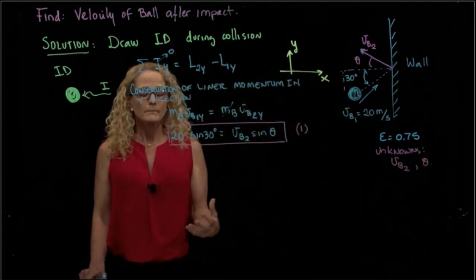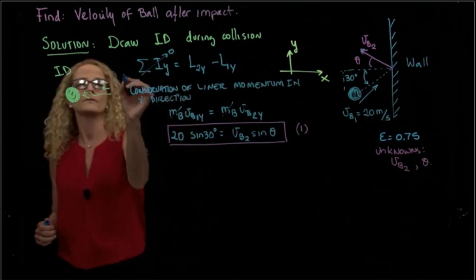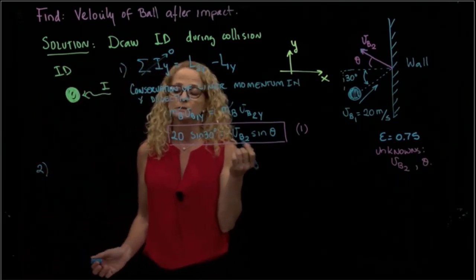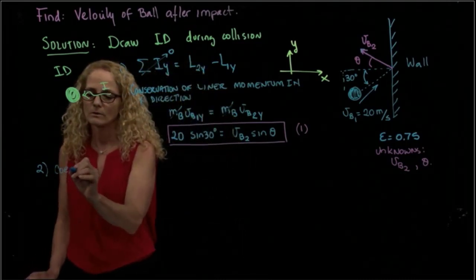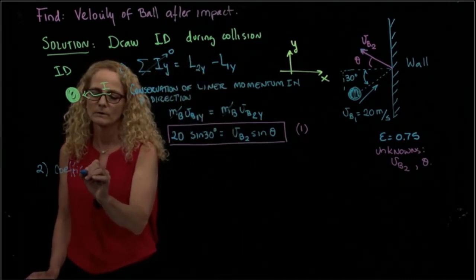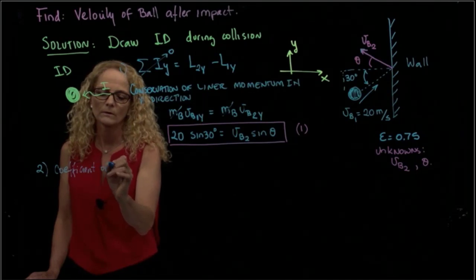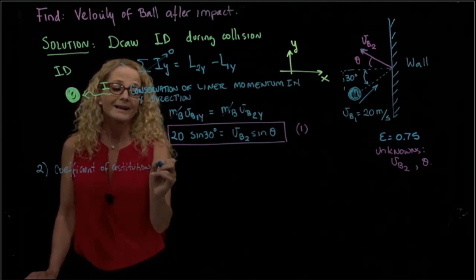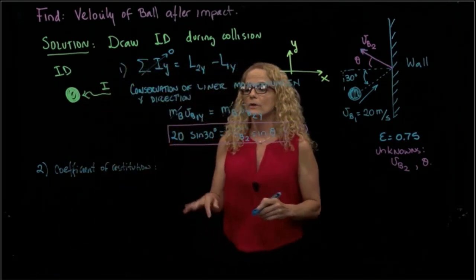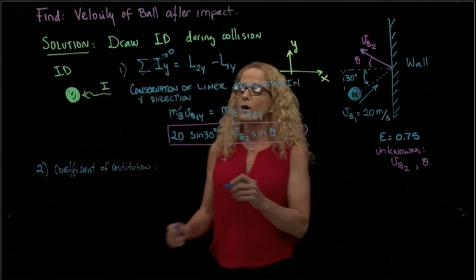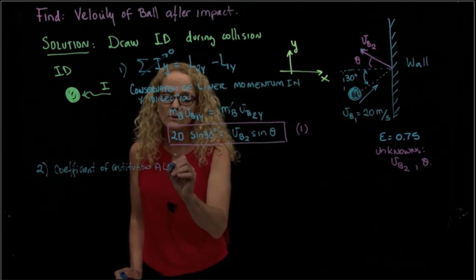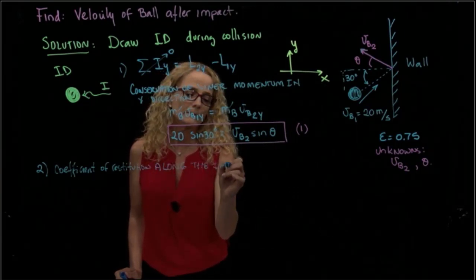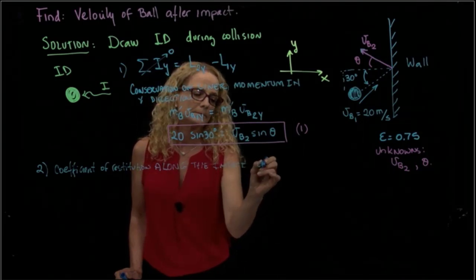Okay, what would be my second equation? So this is my first equation. For my second equation, I will use the coefficient of restitution. And very important that we use our coefficient of restitution along the impact line.